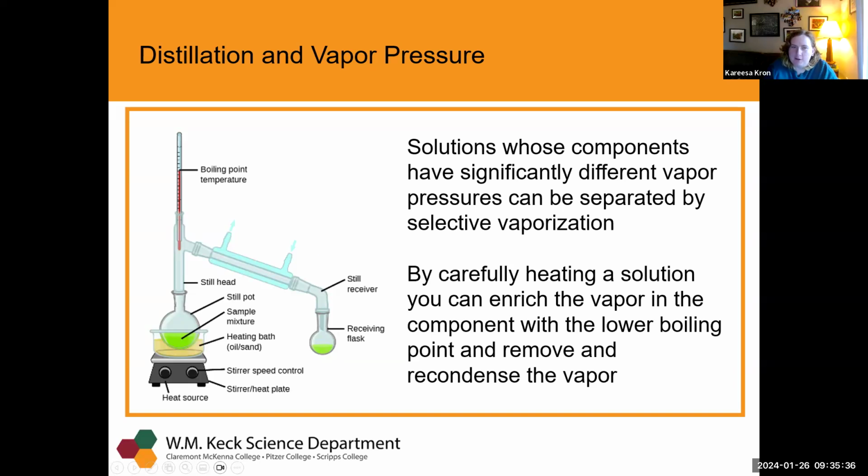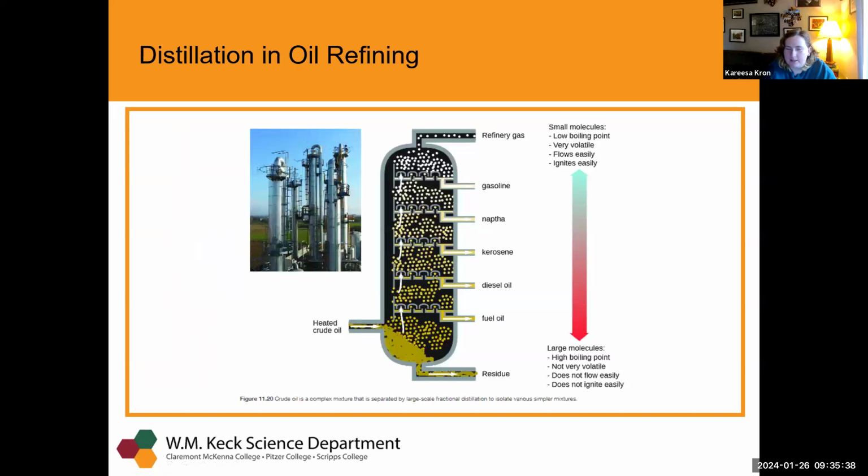And so the reason this is really useful in the chemical industry is because we can use it to separate compounds from crude mixtures, and we can also use it to get a lot of different products out of crude oil. So distillation in the context of oil refining is your input is heated crude oil, which comes into your system and is a mixture of both small and large molecules with different boiling points, different volatilities, different viscosities.